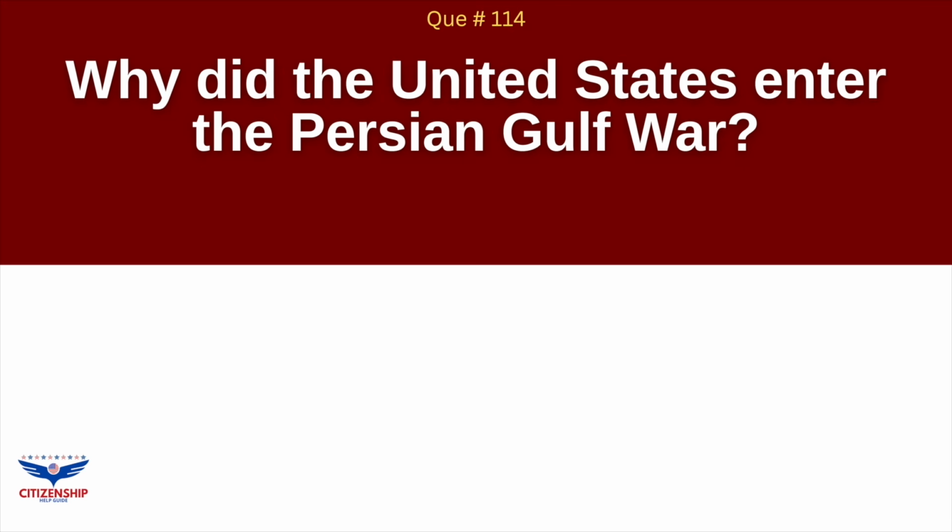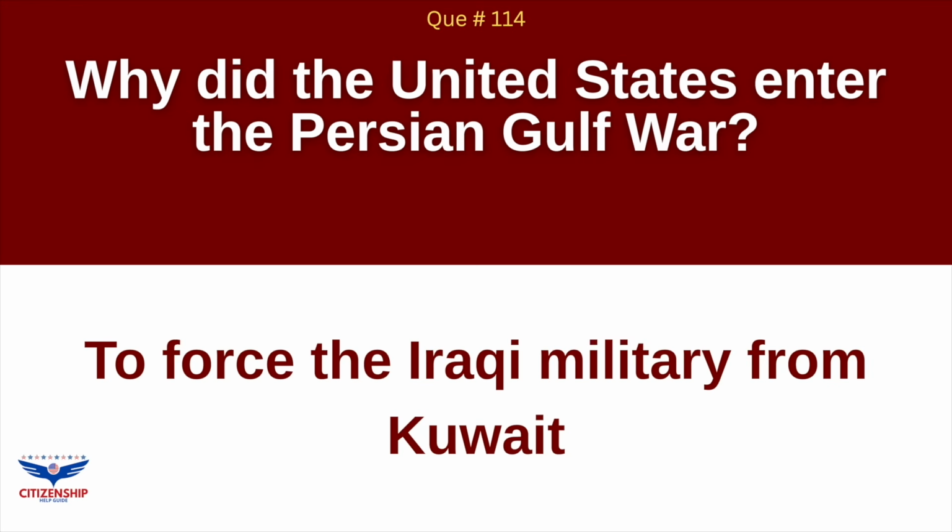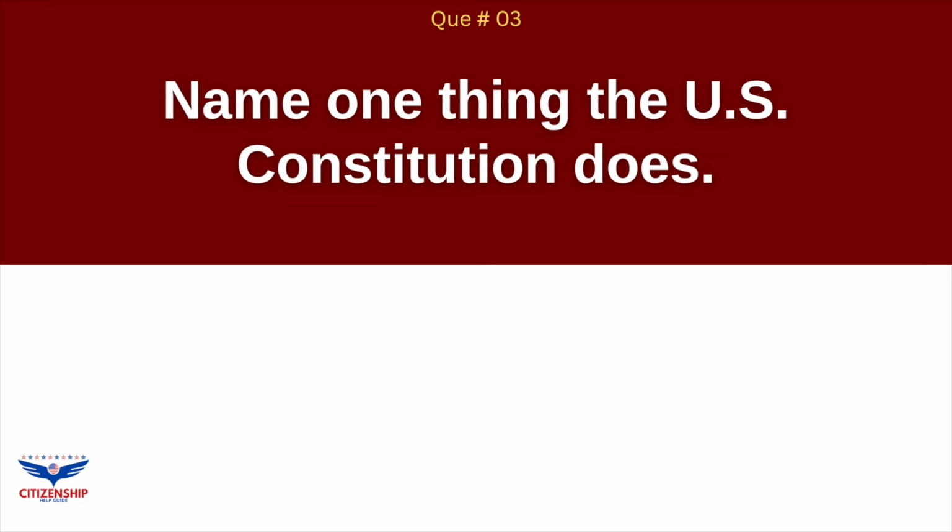Why did the United States enter the Persian Gulf War? To force the Iraqi military from Kuwait. Name one thing the U.S. Constitution does.